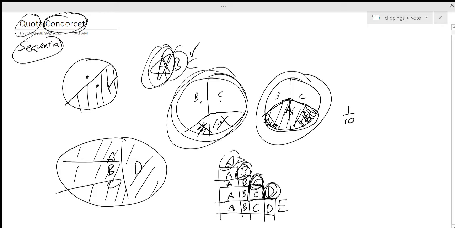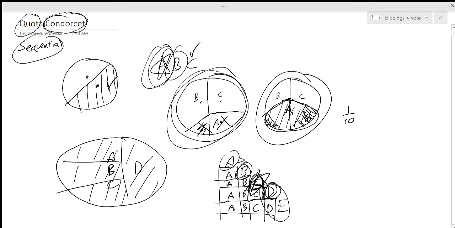And if somebody has already been selected, say C was selected, then for those people that preferred C over one of the other candidates, their vote doesn't count twice.